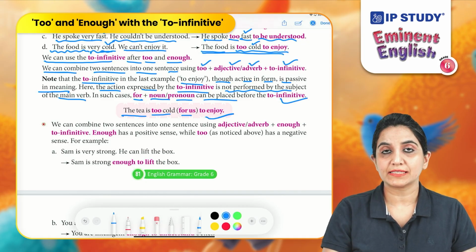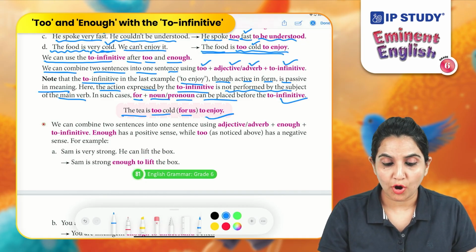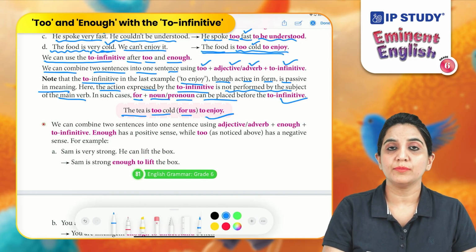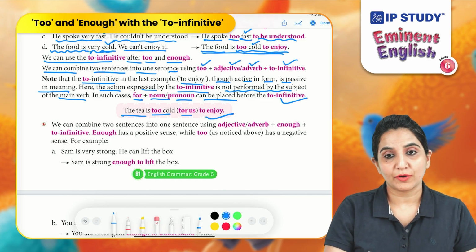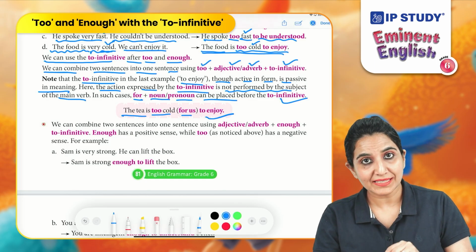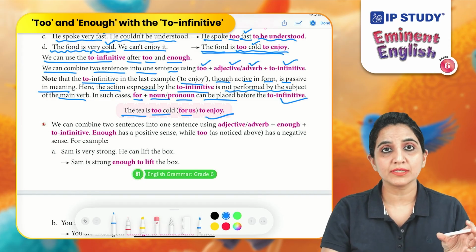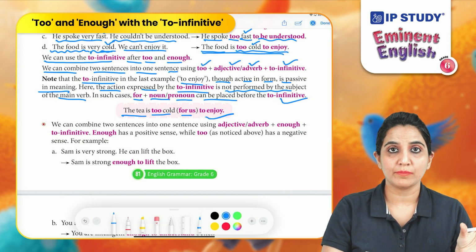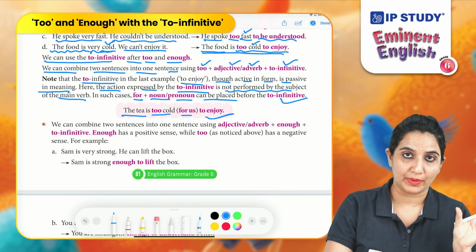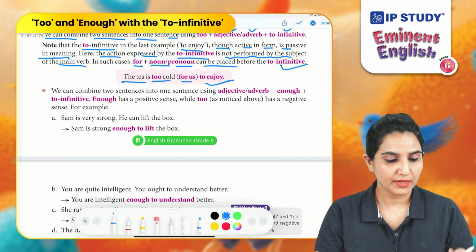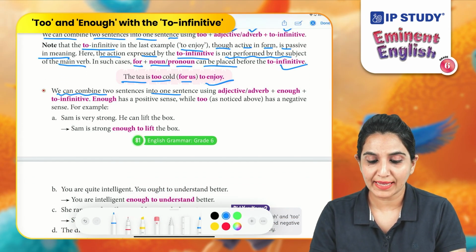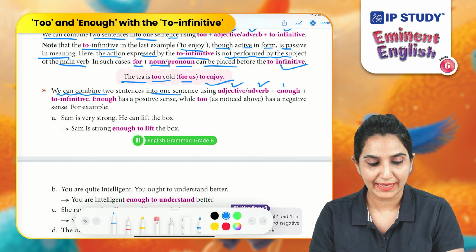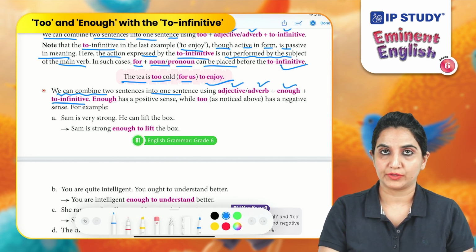So in such cases, we can also use for with a noun or a pronoun in order to complete the sentence, because it is passive in nature as it is not showing that the action is performed by the subject of the main verb. We can combine two sentences into one sentence using adjective, adverb, enough and to infinitive.